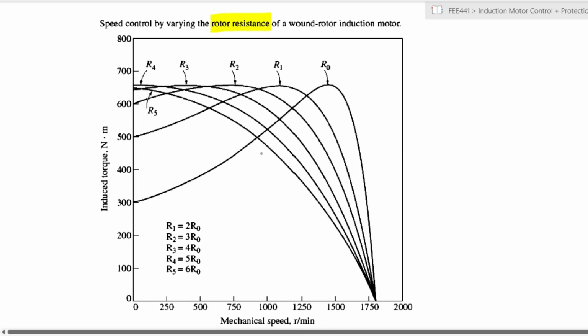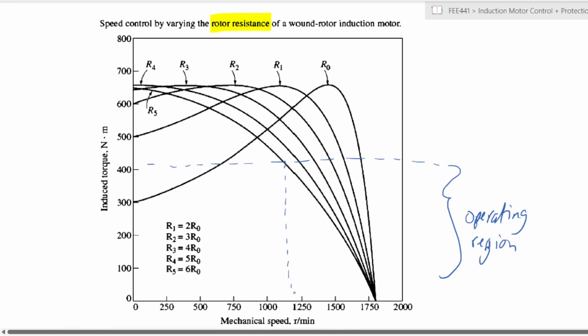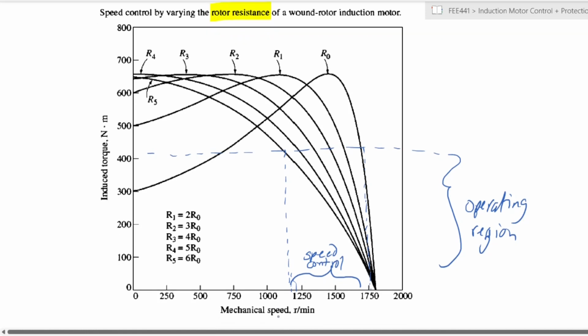If we apply the same principle, whereby we are looking at our operating region, you can see the values of speed that you can get are as indicated there. So the speed control that you have will be as shown in that one.